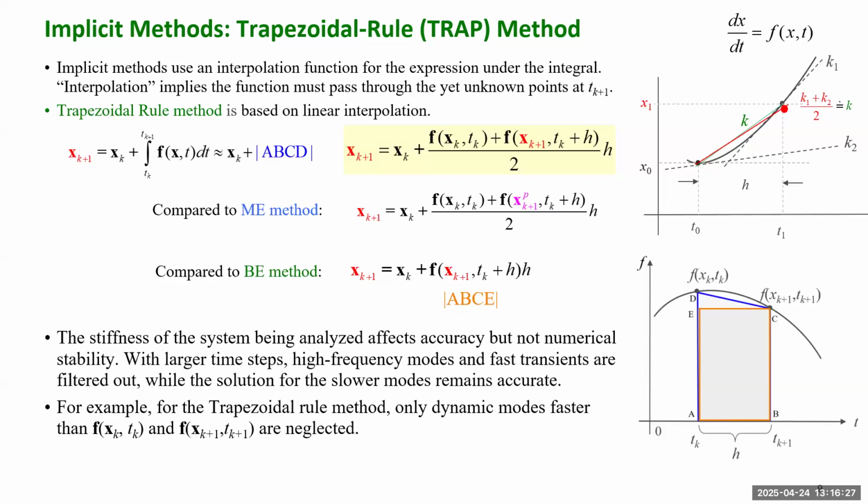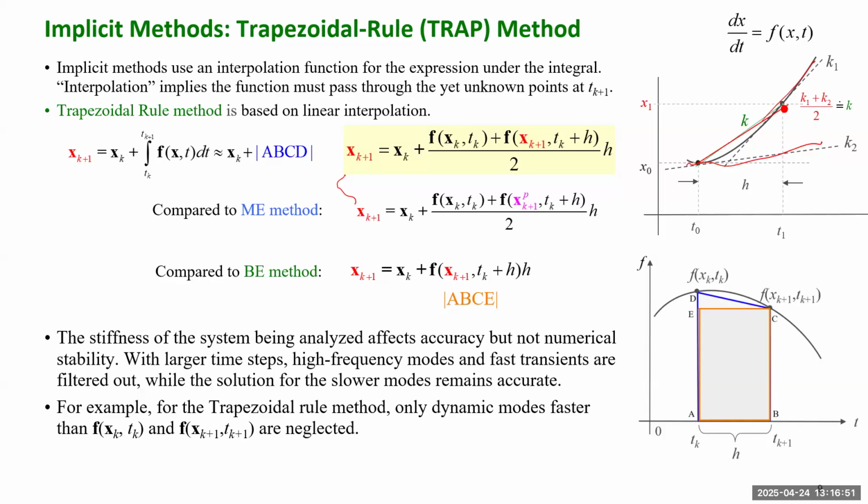But if simulation speed is your goal, the explicit method is not too bad, because although those two have similar formulas, the modified Euler method only needs to calculate one slope, then a second slope, and then move to the next step, finishing this interval.